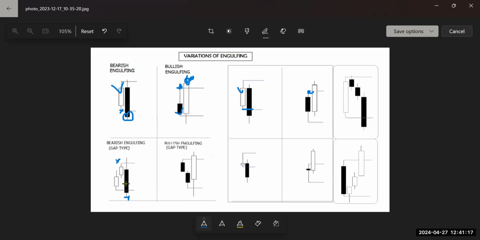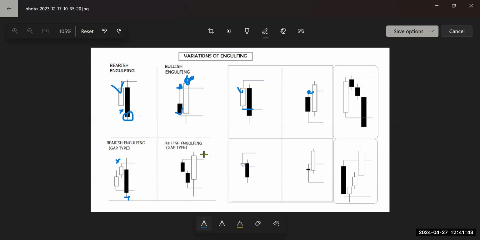And you notice that the wick of the second bullish candle was engulfed. That is why it is a valid engulfing. If this candle just closed somewhere here and the wick did not engulf it, we don't consider it as an engulfing. It just closed somewhere there. It has to take the whole candle out.